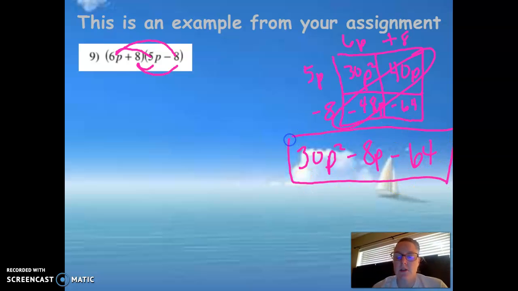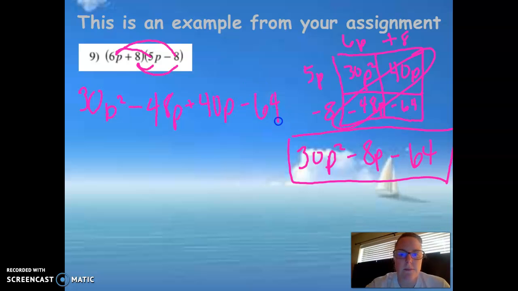If I do that with the distributive property, aka FOIL, I would have 6p times 5p, which is, again, 30p squared, 6p times negative 8, which is negative 48p, 5p times 8, which is positive 40p, and then negative 8 times positive 8, which is negative 64.